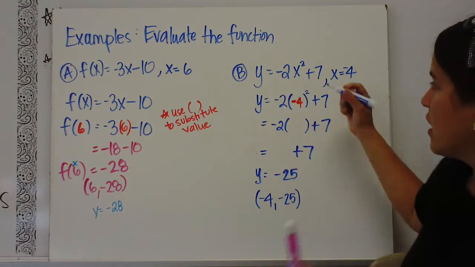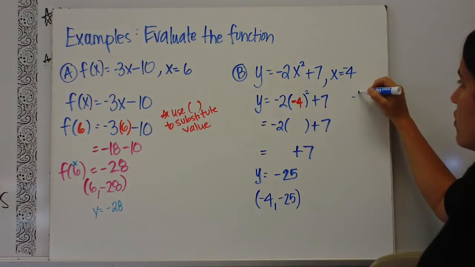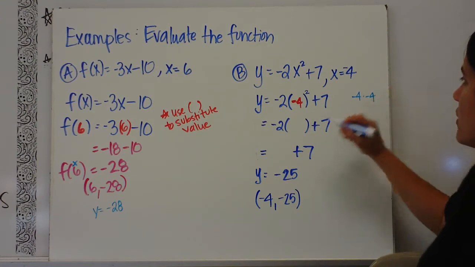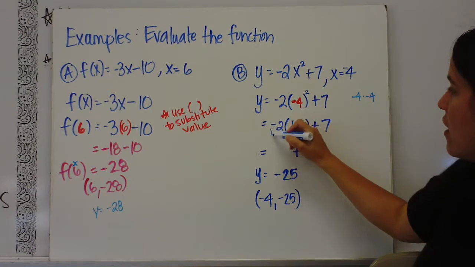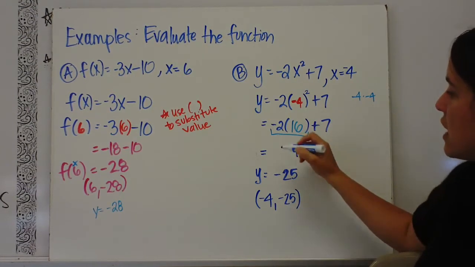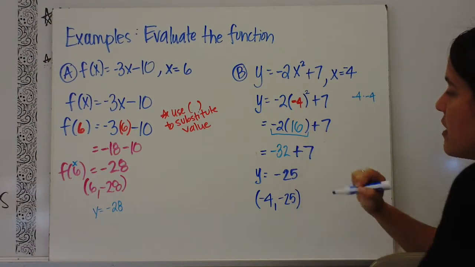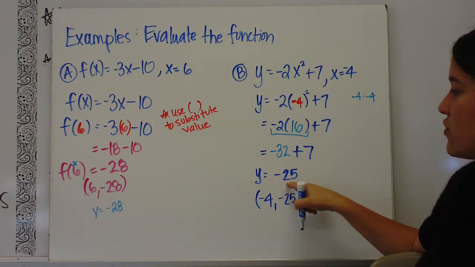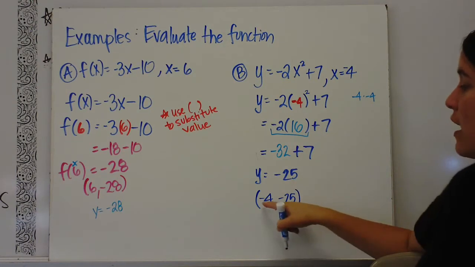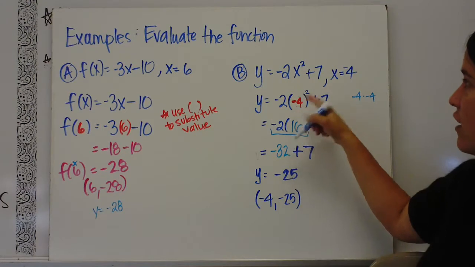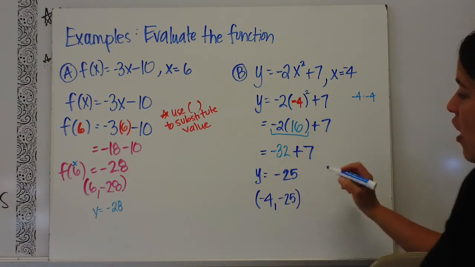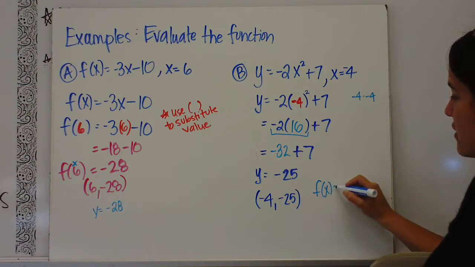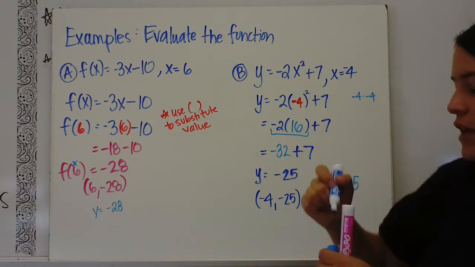Negative 4 times negative 4 is going to give me a positive 16, plus 7. Negative 2 times 16 is negative 32, plus 7, and this equals negative 25. My ordered pair is the x value, negative 4, and then my y value, negative 25. Also, you could have f of x equals negative 25.